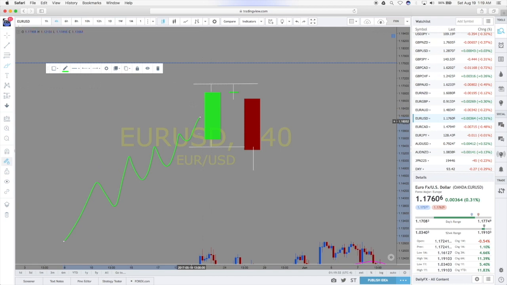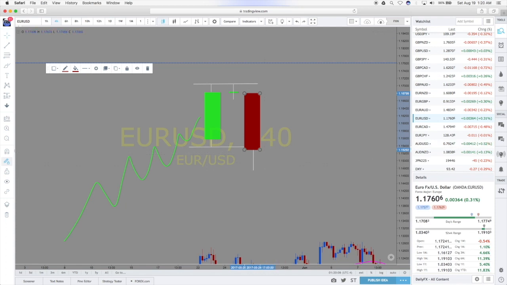You have an engulfing bullish candle followed by either a small indecision candle like this, or a very small pin bar with a very small wick, like I showed you before, followed by a bearish candle like this one here. The bearish candle essentially is engulfing the previous bullish engulfing candle, and it closes lower like this one here, and it makes a new low.